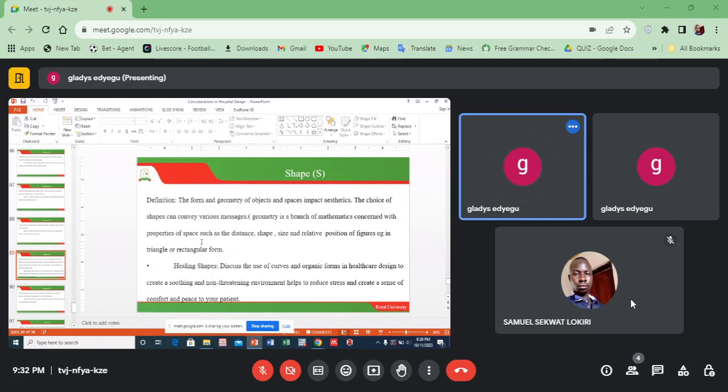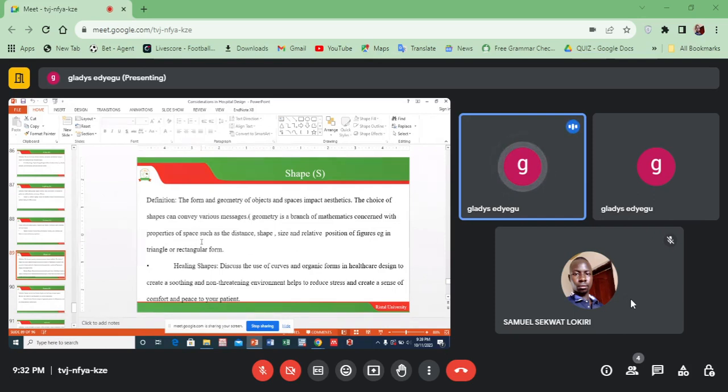Maybe it is in the form of a square but is too large, the patient is alone in that room, and besides it there are no amenities. This can affect the patient's mood and psychological state, and some of them can get stressed.